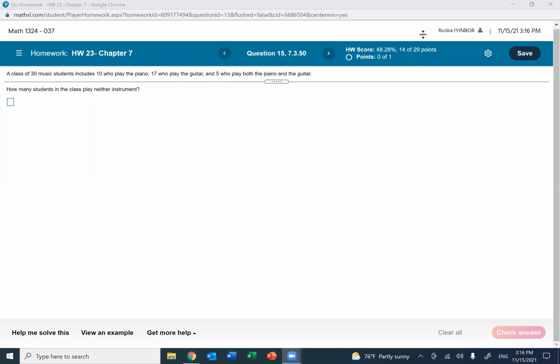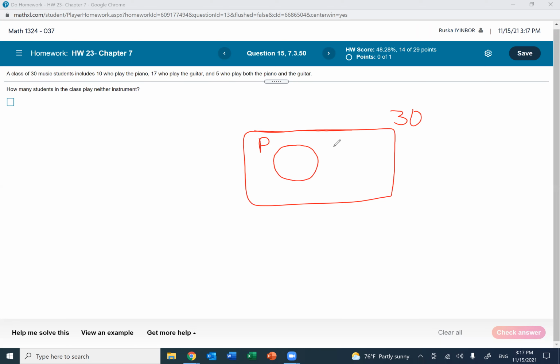Okay, so there are 30 students. If you use the Venn diagram, the total number is 30 students. That's the universal set. 10 play piano, 17 play guitar, and 5 play both. So 5 is the number inside here.